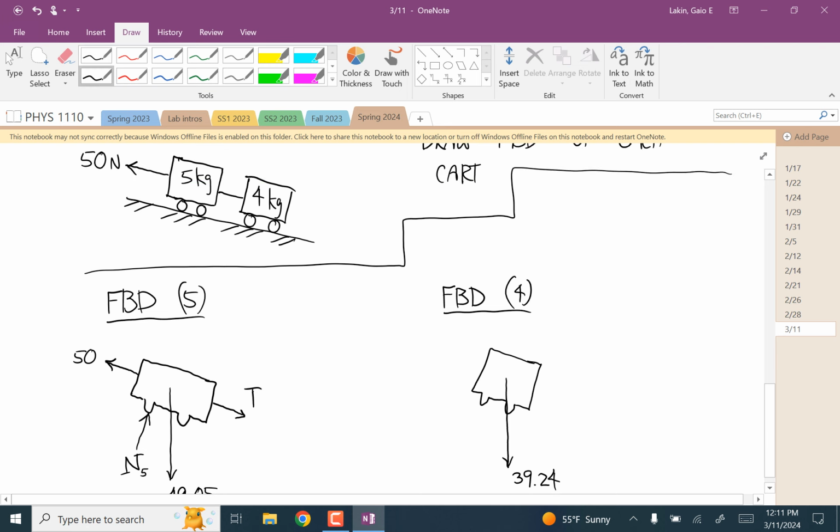I'll start on the left side. On the left side, there's a cable, the cable that connects those two bodies. So that's a pulling force, so it has to be this way, away from the body. And since that force is applied by the same cable as this one, we're going to use the same variable.